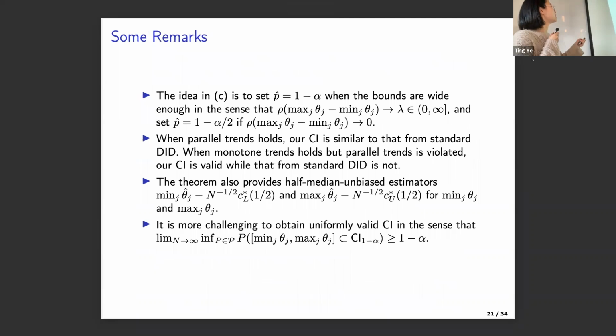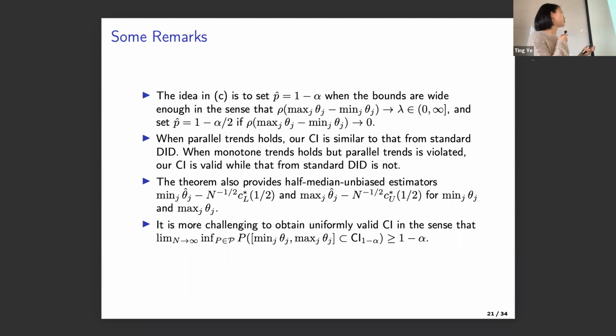So some remarks on the last point: it is a little bit complex, but the idea is that we can use the significance level 1 minus alpha when the bounds are wide enough, in the sense that rho multiplied by the width goes to a non-zero constant.